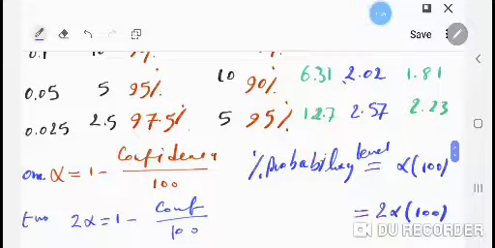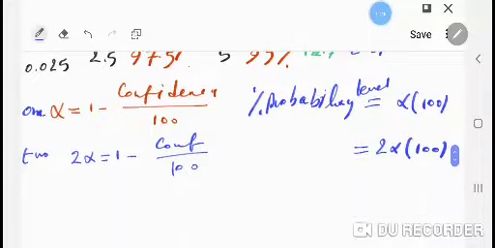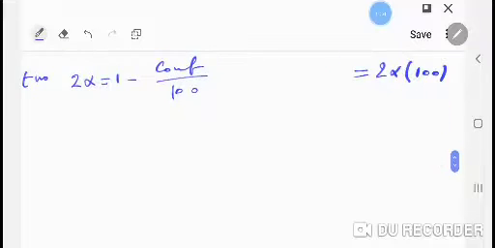These so-called critical values of t are connected with the need to distinguish between highly significant or less significant.